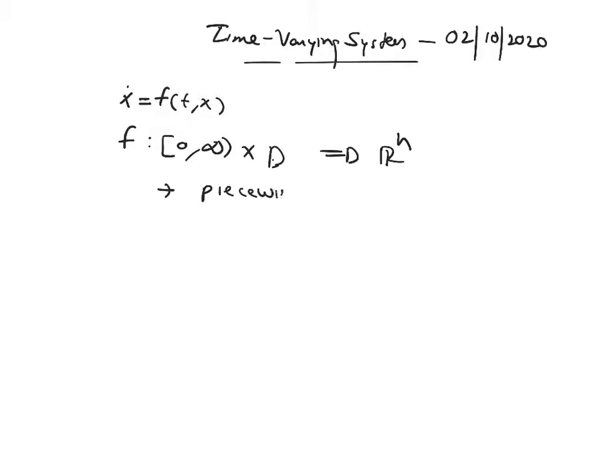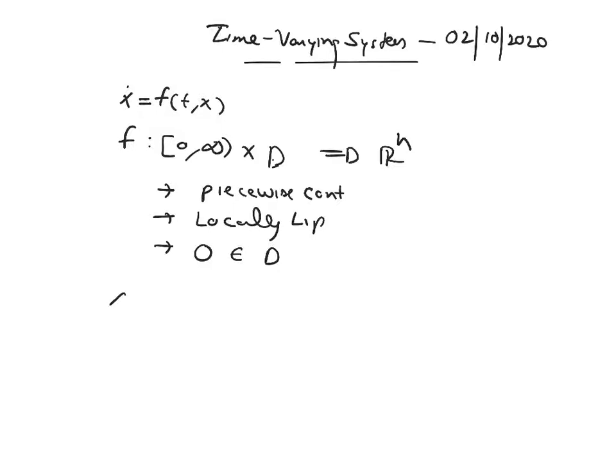So some assumptions: f is piecewise continuous, locally Lipschitz, and your origin is part of the domain so that we can study properties of it.